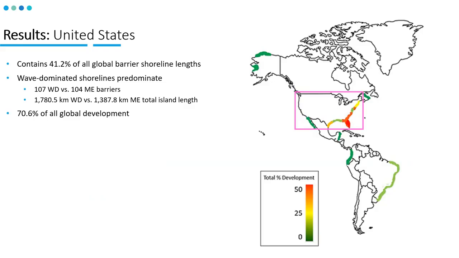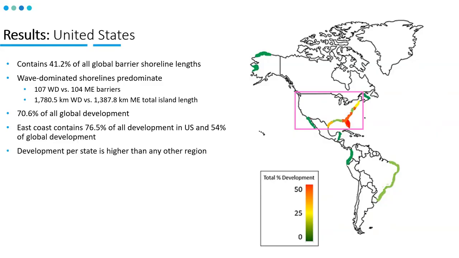The US contributes 70.6% of all global development. And more specifically, the East Coast contains 76.5% of all development in the United States and 54% of all global development. In the United States, the development per region or per state is higher than any other region in the entire world.